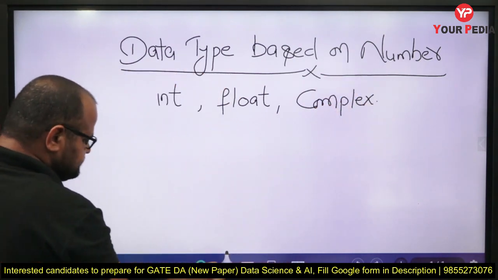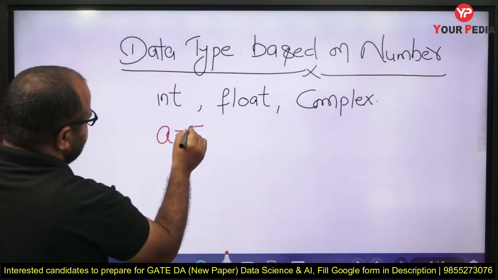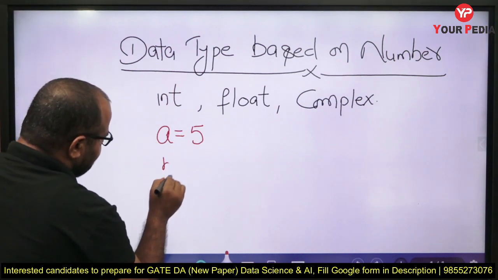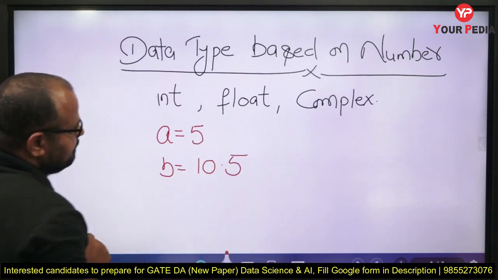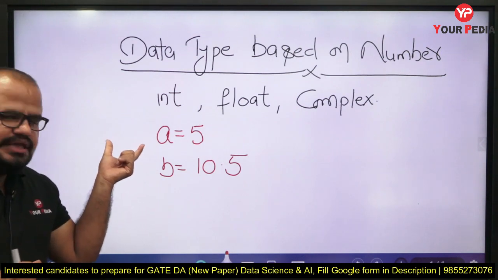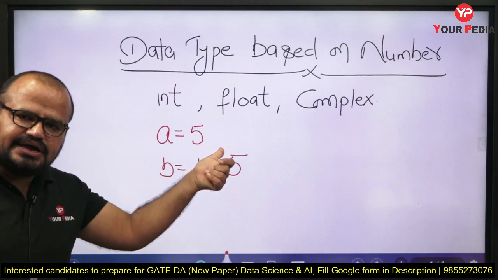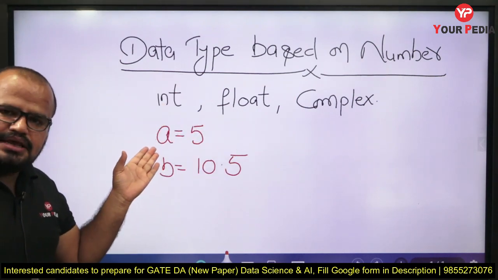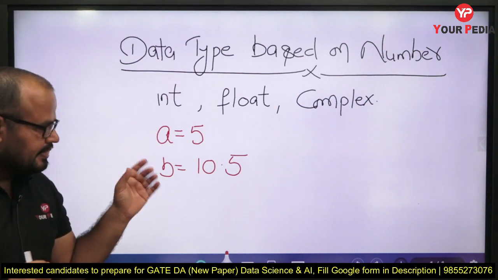So if you write a equal to 5, it is an example of int data type. If you write b equal to 10.5, it is an example of float data type. In C we have to mention the type of data, that is we have to write int a equal to 5. It means the right hand side value is assigned to variable a, which we already covered in our previous lecture.